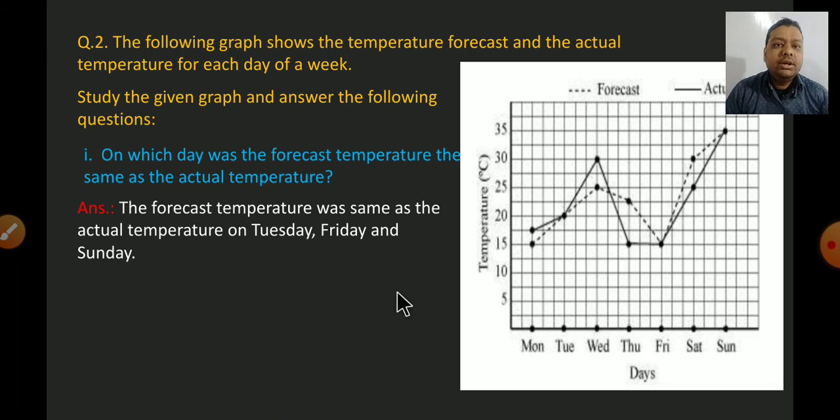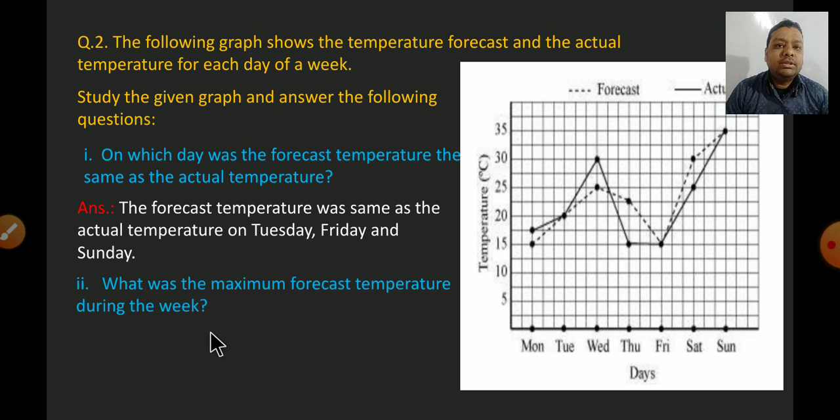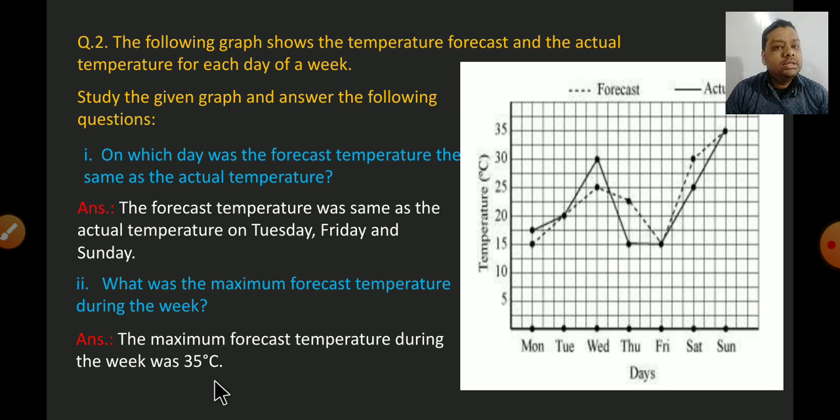Understood, students? Now the next question: what was the maximum forecast temperature during the week? Looking at the forecast line, the highest point is on Sunday, and it is 35 degrees Celsius.